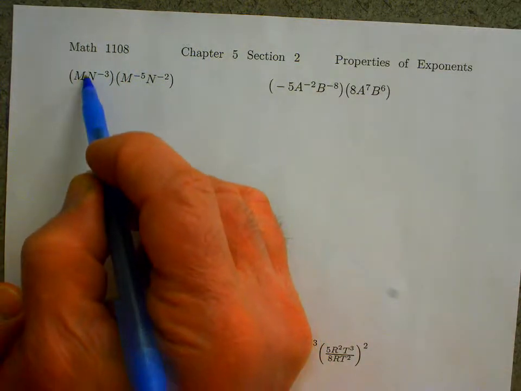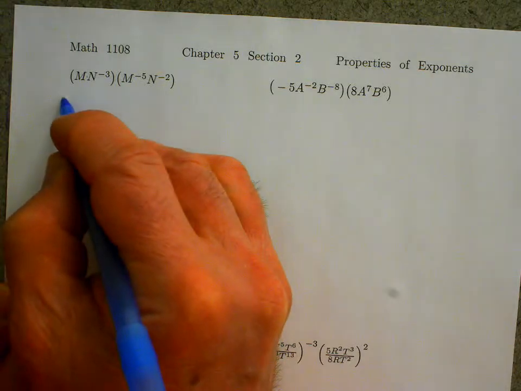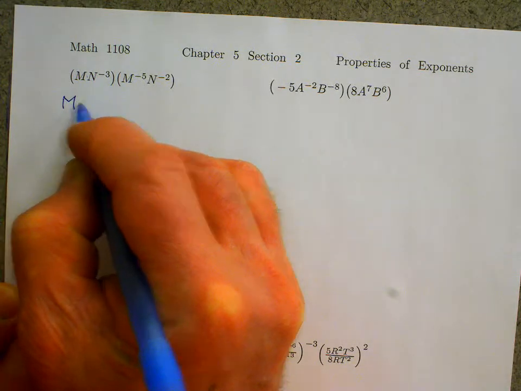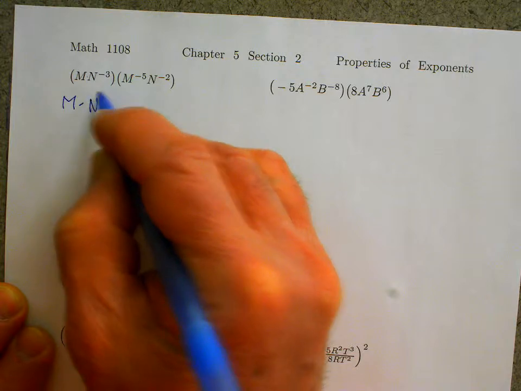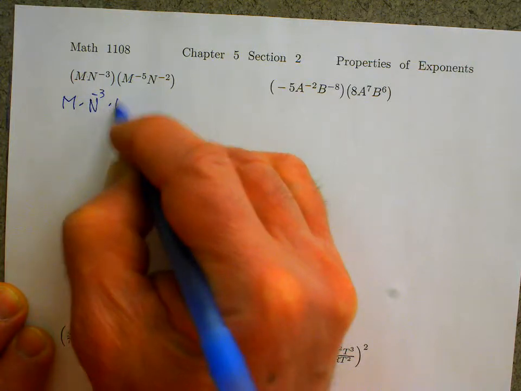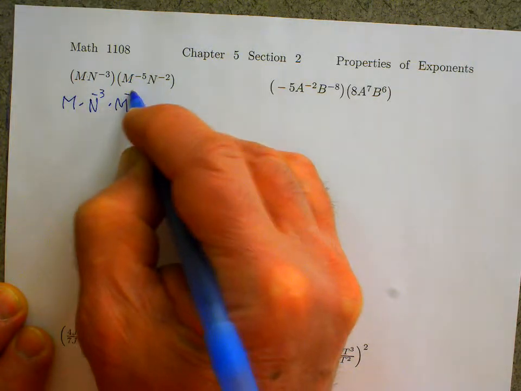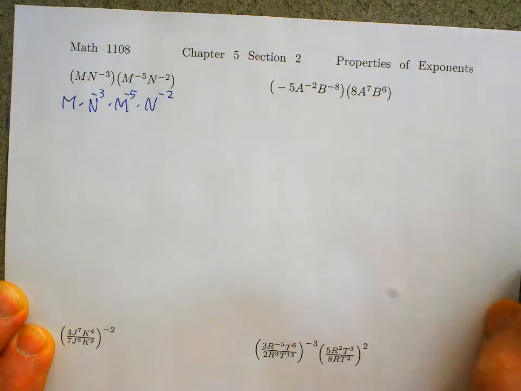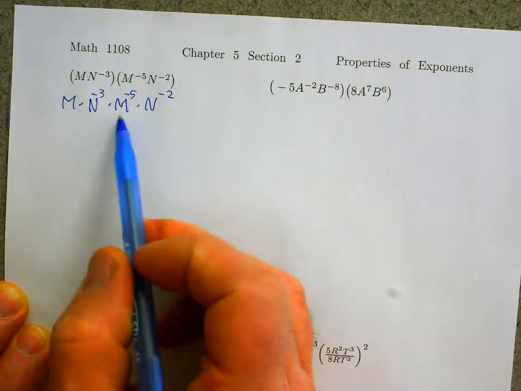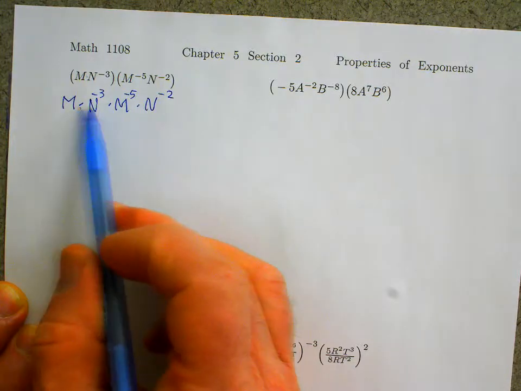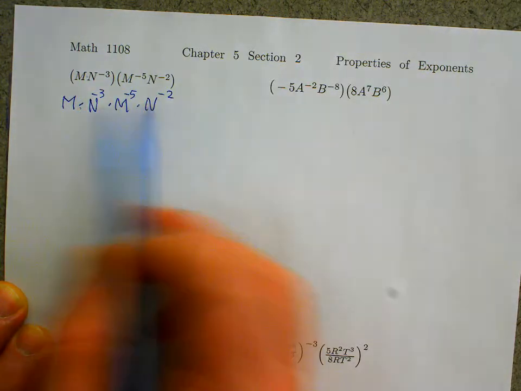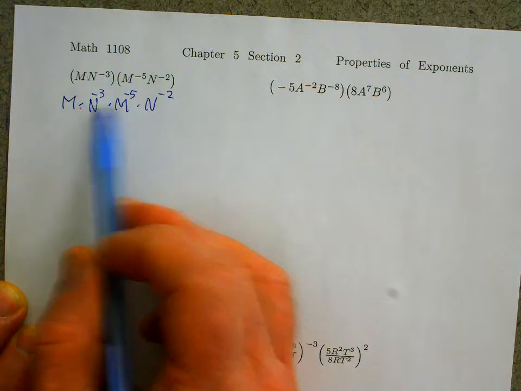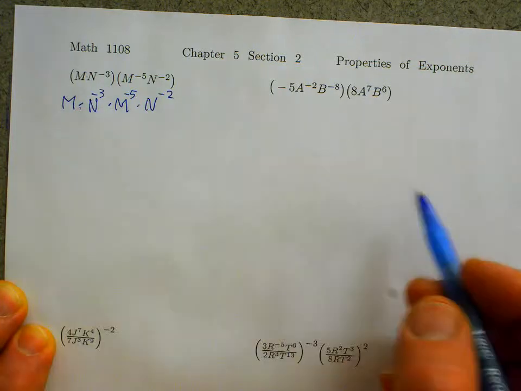Okay, so since we're just multiplying, we can remove the parentheses. We can write it as m times n to the negative 3 times m to the negative 5 times n to the negative 2. And when we multiply numbers, these just represent real numbers, we can switch the order of the factors, if that helps.